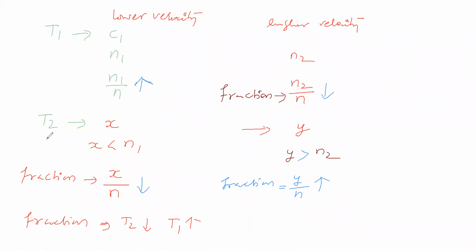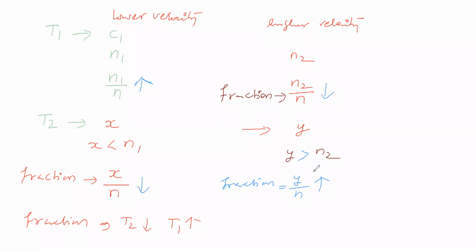When the temperature is high, at the lower velocity side, the fraction of molecules gets reduced. At the higher velocity side, the fraction of molecules will be high at high temperature.